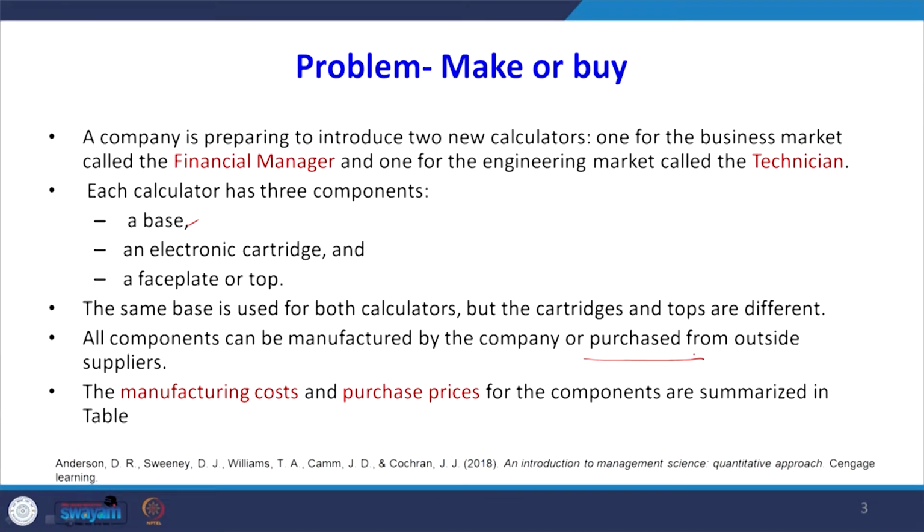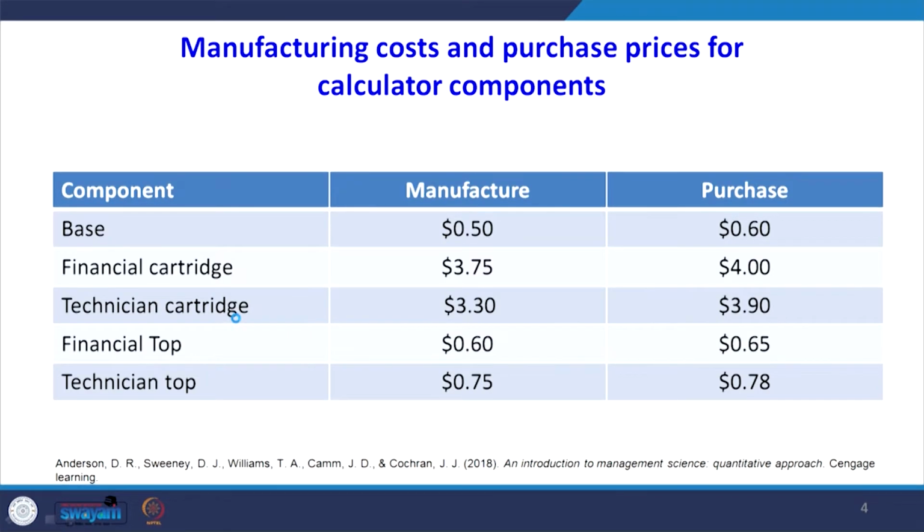So, we are going to suggest which components have to be manufactured in house and which need to be purchased from outside. The manufacturing cost and purchasing price for the components are summarized in the table given here. For example, this base component you can manufacture, this is the manufacturing cost, and you can buy it from outside also, this is the purchasing cost.